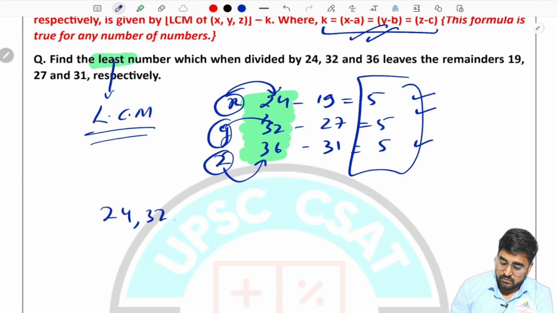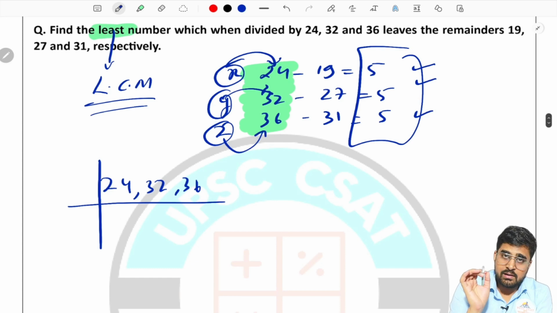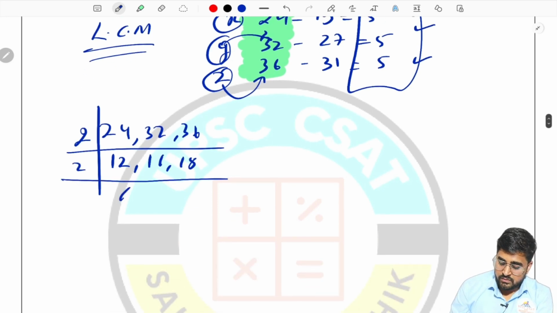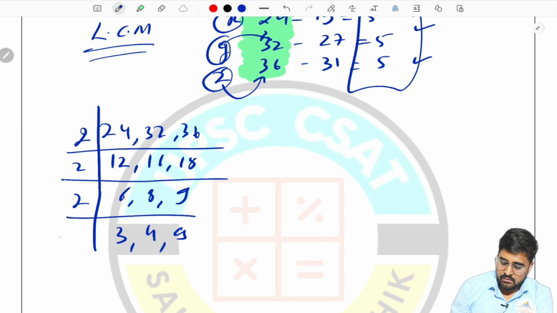24, 32, 36. In least common multiple, try to divide from the lowest possible number only. Here I will start with 12, 16, 18. Then 6, 8, 9. Then again 2, 3, 4, 9.